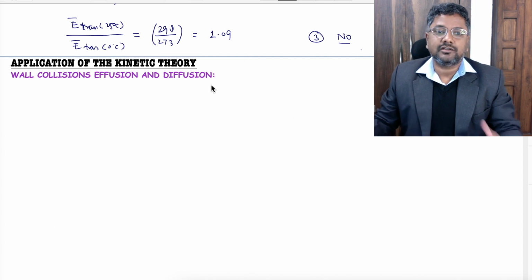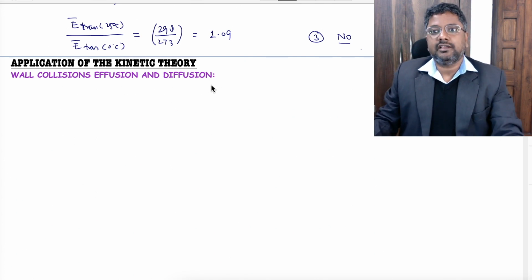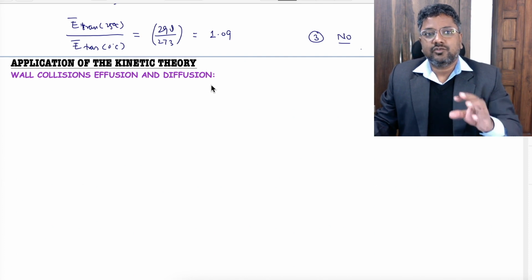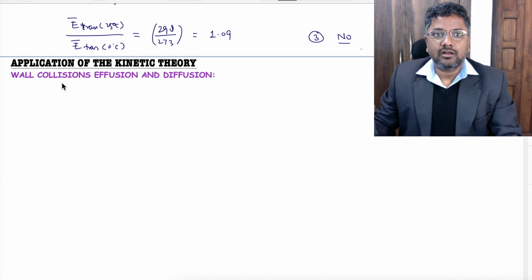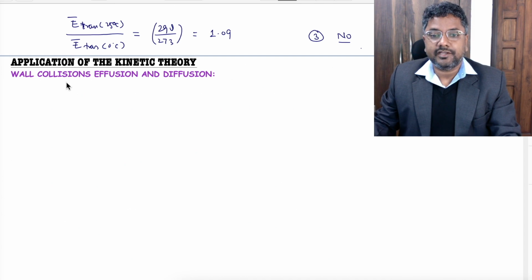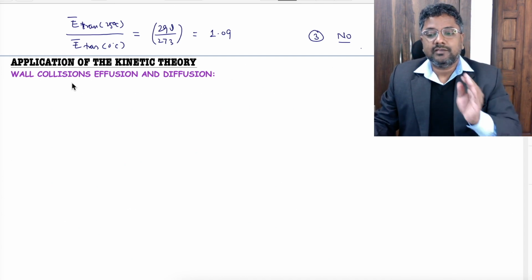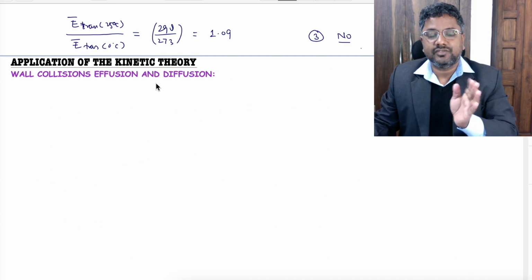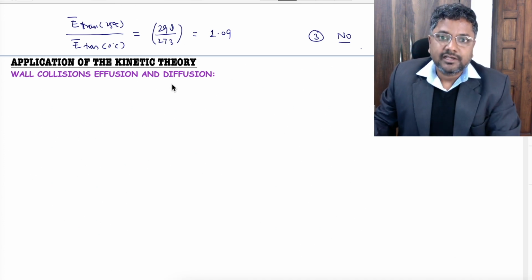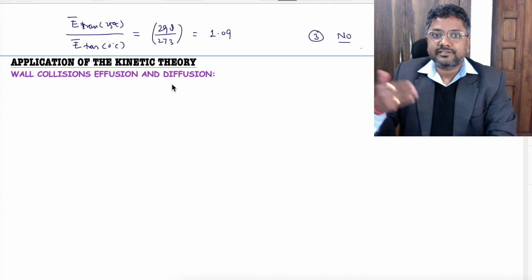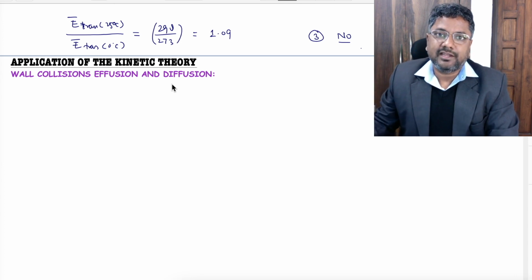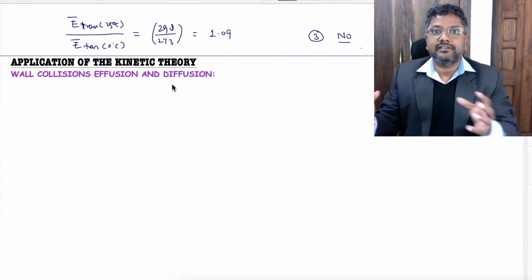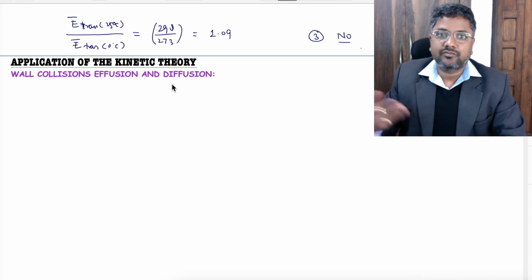So in future, when we study reaction mechanism, this collision theory, wall collisions, is very important. So here I am considering wall collision and effusion, diffusion. And the same concept is used to explain this reaction mechanism, how reactants combine and form the product.